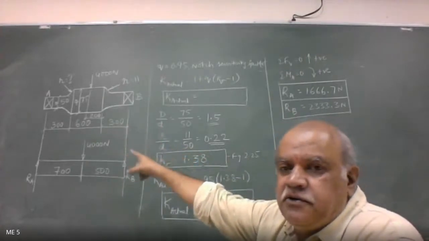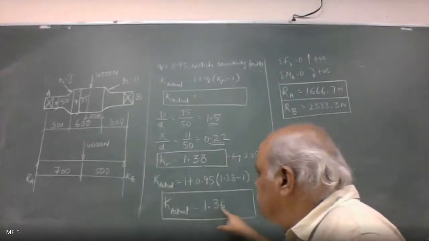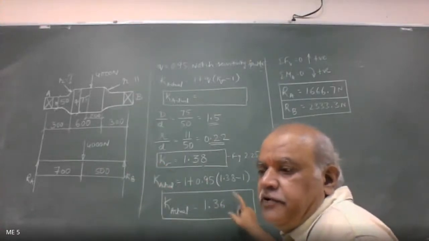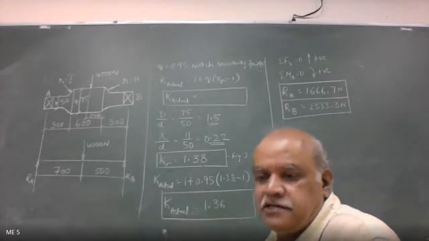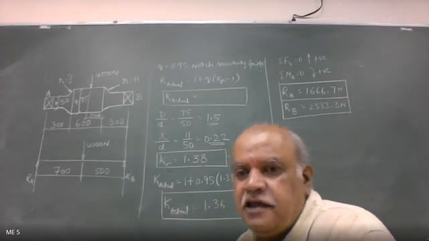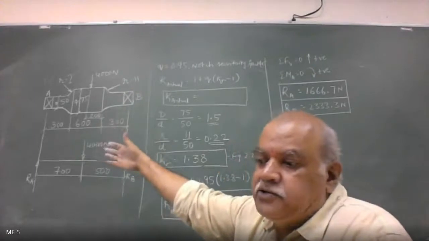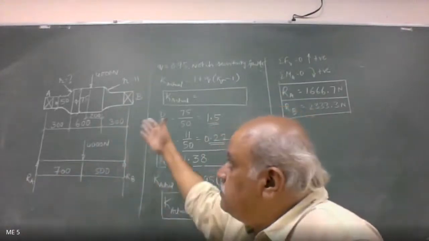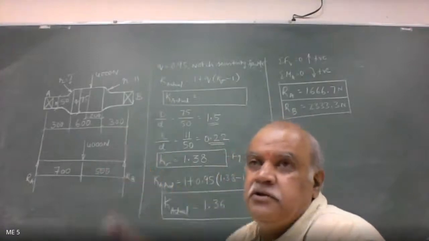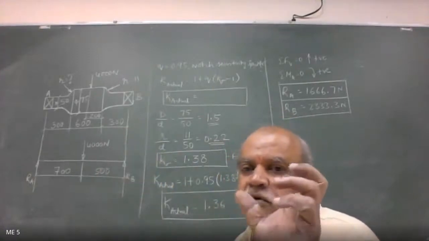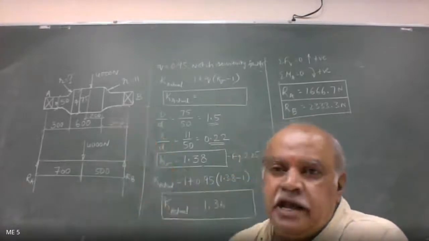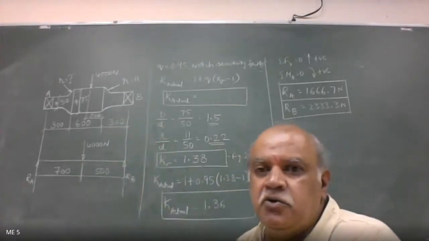You will get the maximum stress using K actual into sigma nominal, pi d cube by 32, the section modulus. We can find out sigma max. That sigma max is the same on the left side of bearing A, the left fillet also, as given in the problem. So equate sigma max equal to K sigma into sigma nominal on bearing A, and you will get the new K sigma.